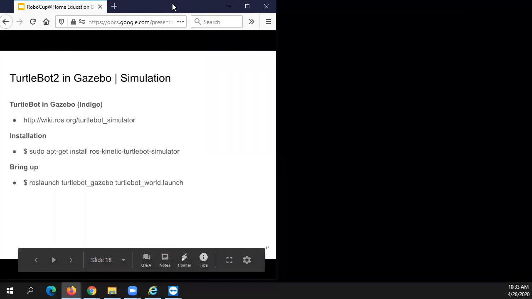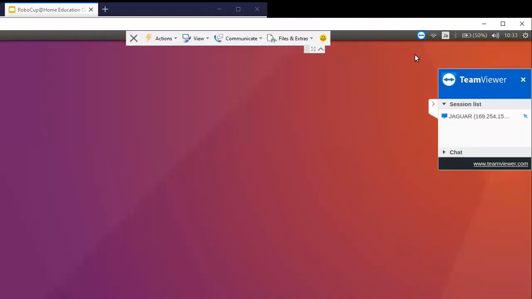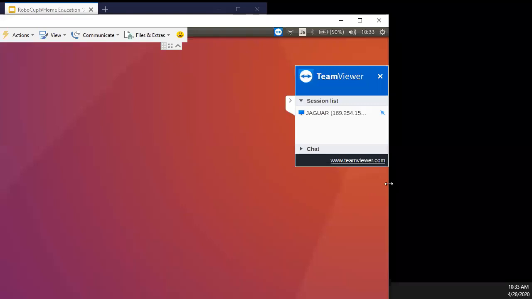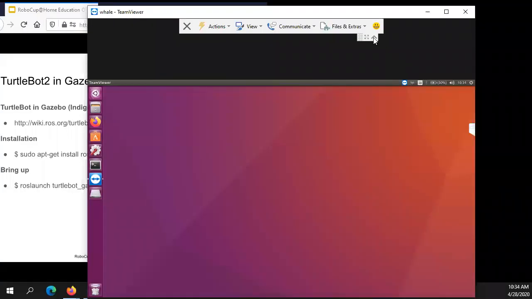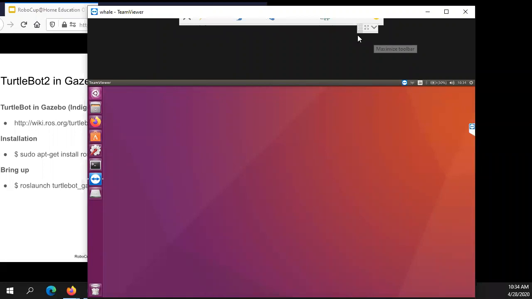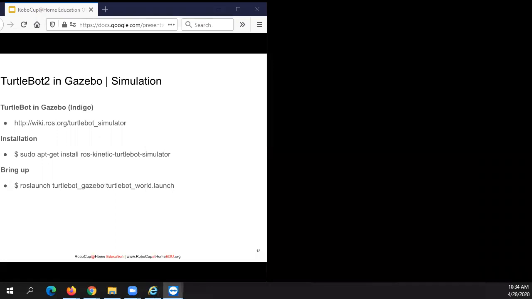Before we can do the navigation, we need to have a platform, a robot platform, to do it. Over here, I'm using the simulator because we don't have the real robots.